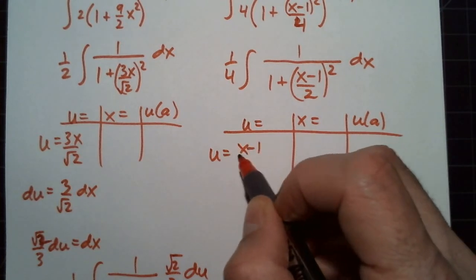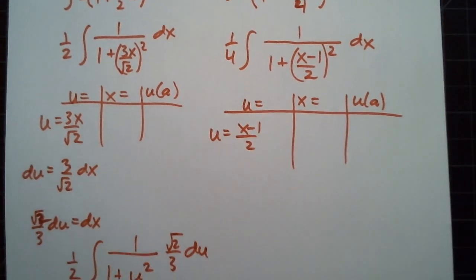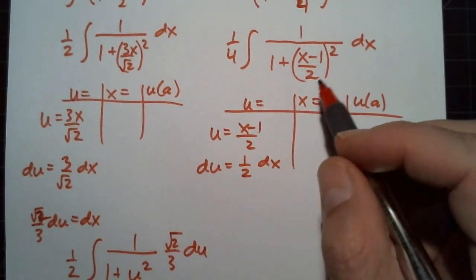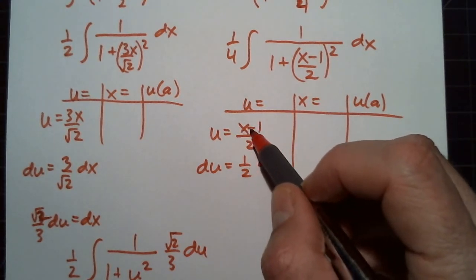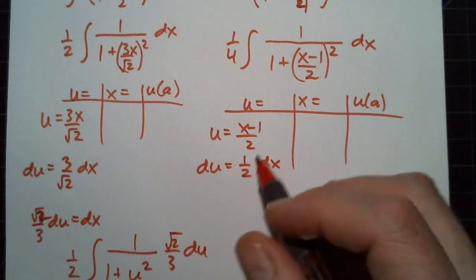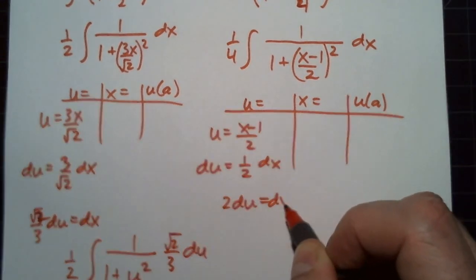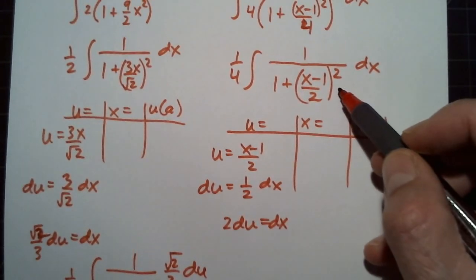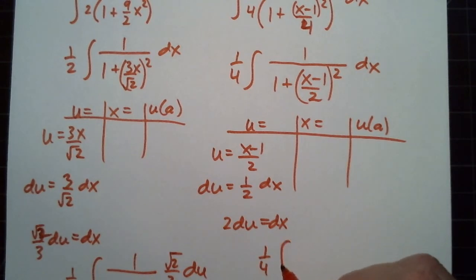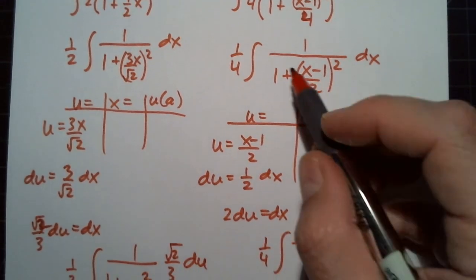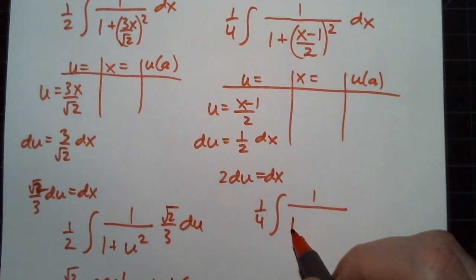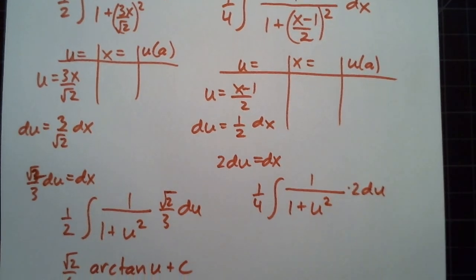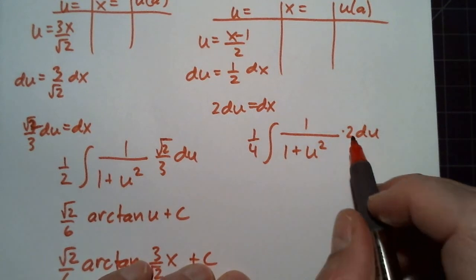U is x minus 1 over 2, and du is 1/2 dx. Because this is really just 1/2 x plus 1/2, so the derivative is just 1/2. 2 du is dx. And now we'll substitute back into this. So we have 1/4 integral 1 over 1 plus u squared dx. 2 can come out in front.